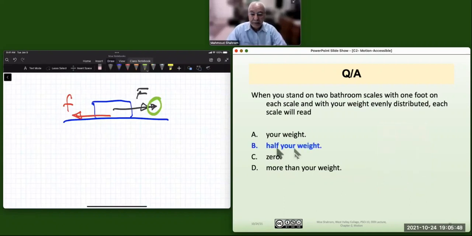It's going to read half of your weight, because now your weight is distributed on two feet on two scales. So each one added together, you get the full weight. Because what you push down on the scale wants to push back at you. The support force, which is actually what you read on the scale, is half of your weight on one scale, half of your weight on the other scale.